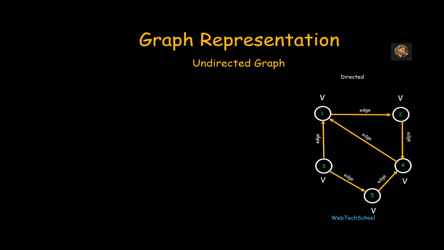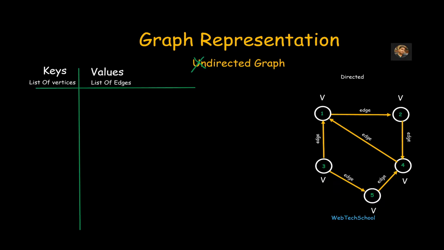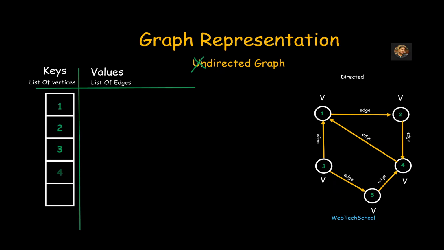Okay, so this is a directed graph, not an undirected one. In the case of a directed graph, the idea is the same. We'll use a hash table, and to the hash table keys, we will add all the vertices: 1, 2, 3, 4, 5.